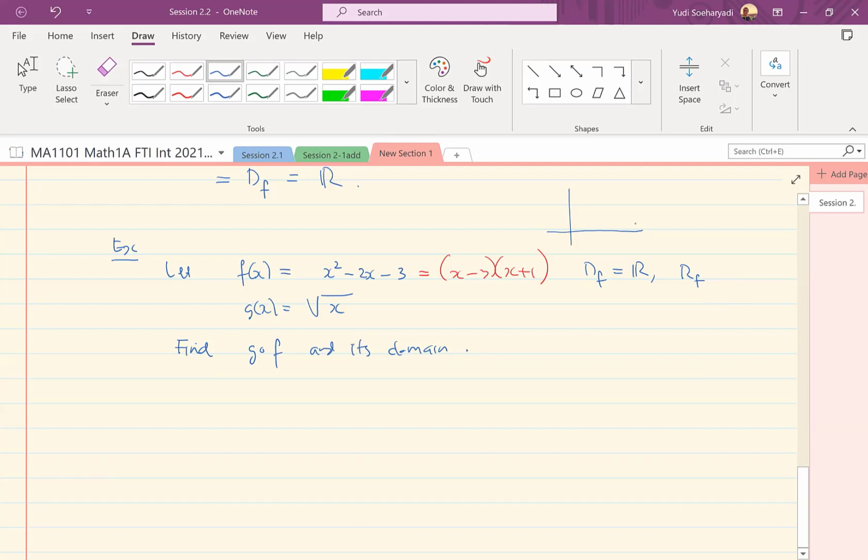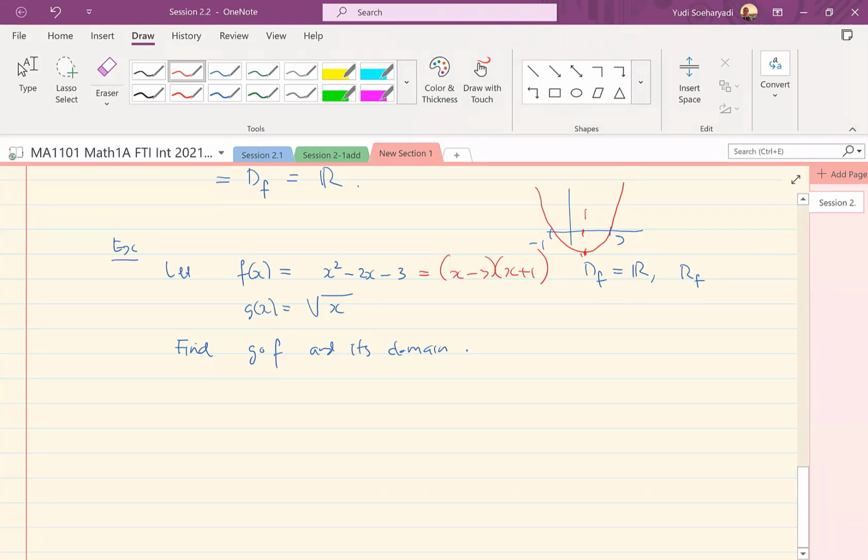Okay, opens upward. This means you have 3 here and -1. Right, so you have something that looks like this one. So this is in the middle. Right. So the first x should be in the middle. So in the middle is 4. So this is 2. So this should be 1 here.